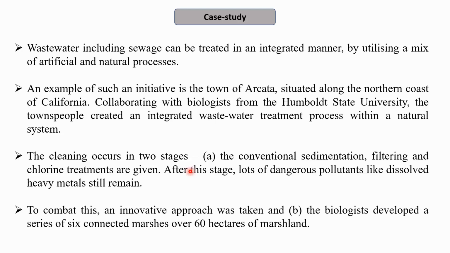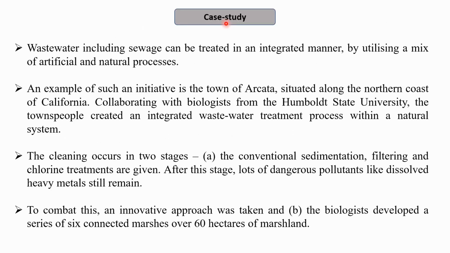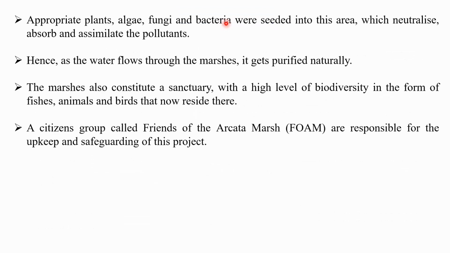Now to remove these harmful pollutants from the wastewater, the second step was developed by the biologists, where a series of 6 connected marshes over 60 hectares of marshland was used. So appropriate plants, algae, fungi and bacteria were cultivated. These plants, algae, fungi and bacteria are selected in such a way that they neutralize, absorb and assimilate the pollutants.